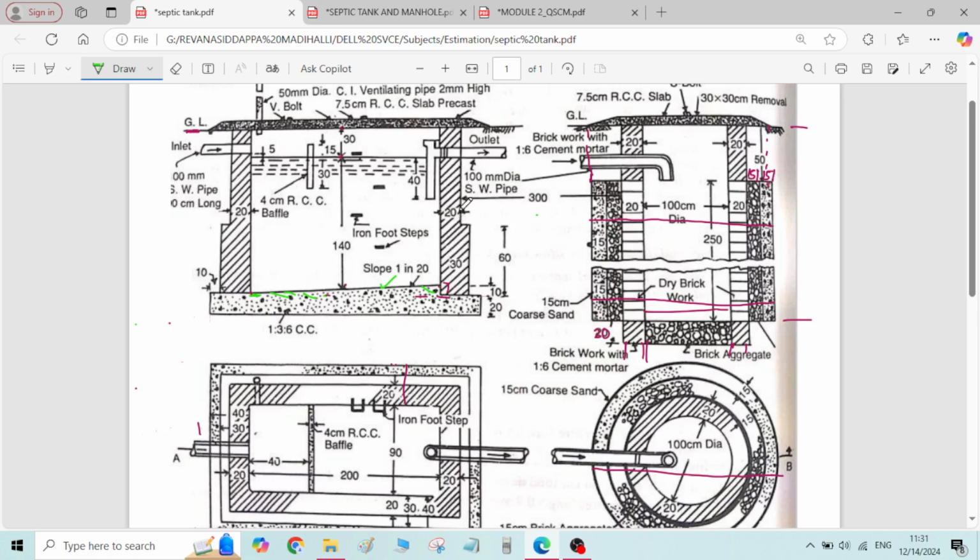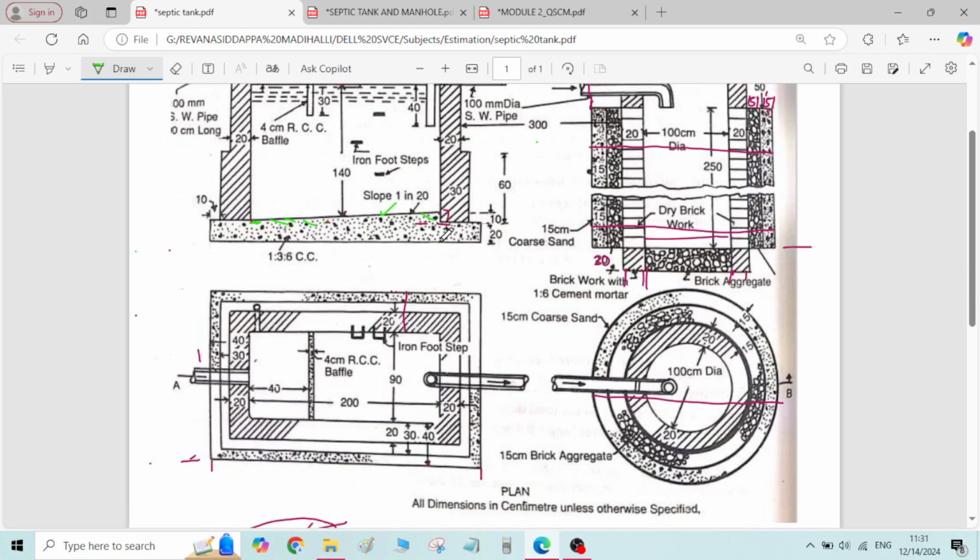After 60 centimeter height the thickness is reduced to 20 centimeter. So while doing the calculations we have to do individual calculations for the first step, that is the wall having 30 centimeter thickness, and the second step, that is the wall having 20 centimeter thickness. So we will adopt the long wall short wall method here to calculate the total quantity of the masonry work.